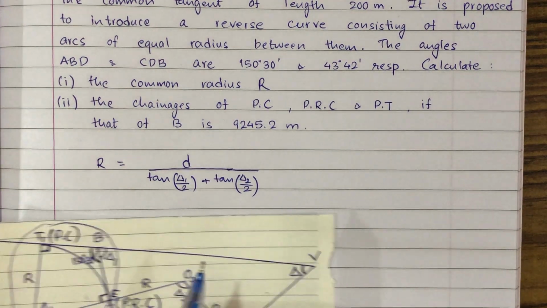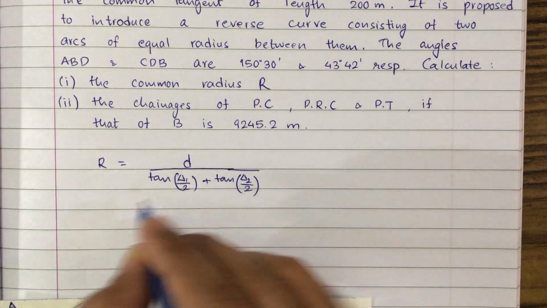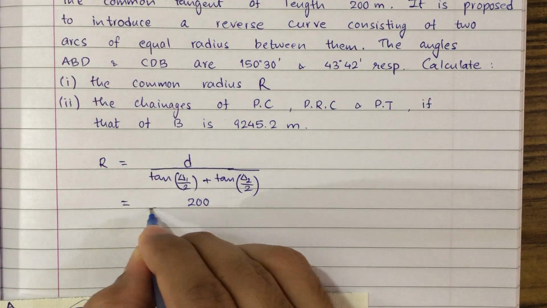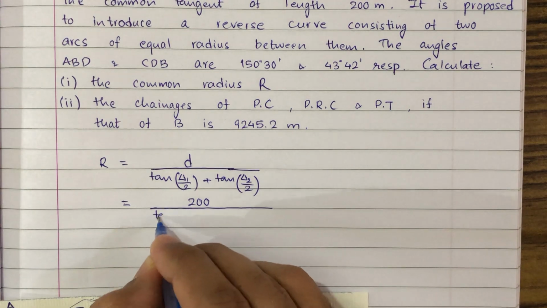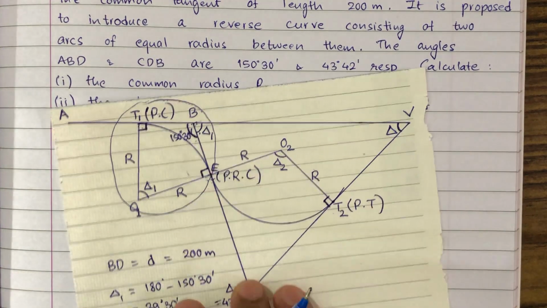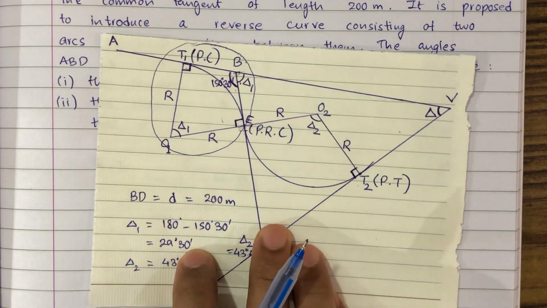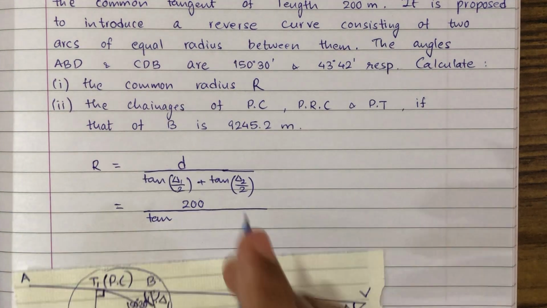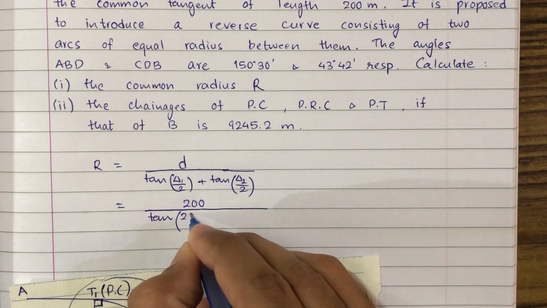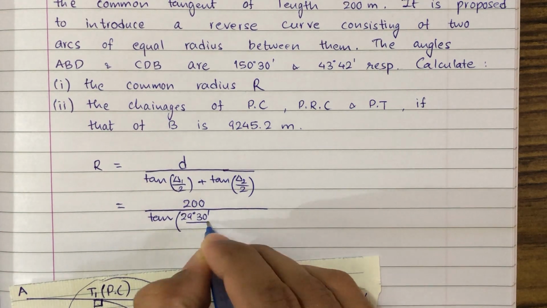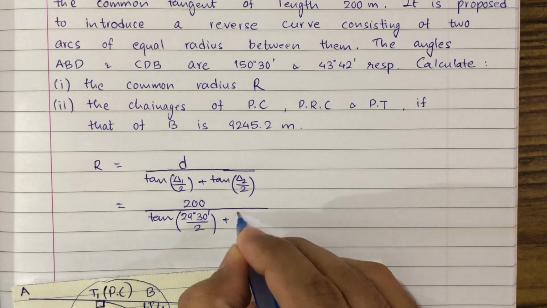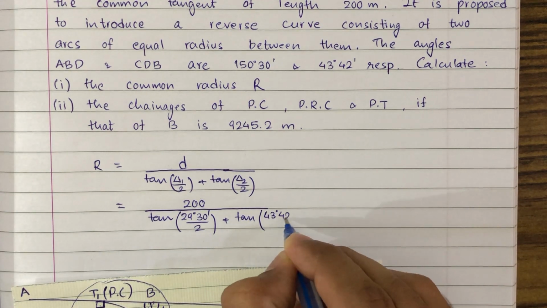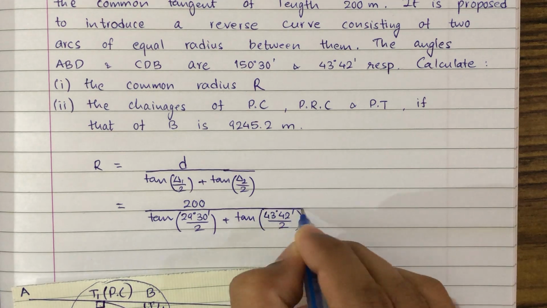So this common radius will be equal to d, 200 meters, divided by tan of delta 1, 29 degree 30 minutes, by 2, plus tan of delta 2, 43 degree 42 minutes, by 2.